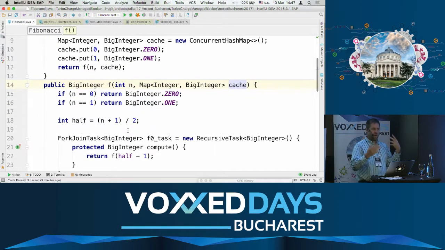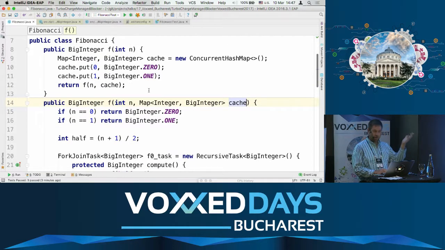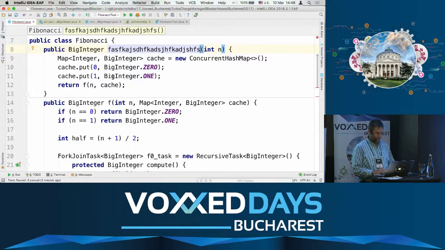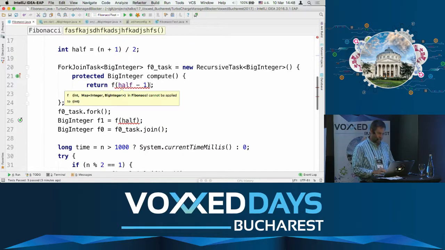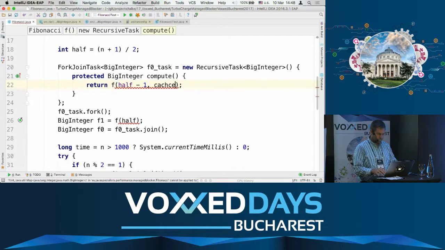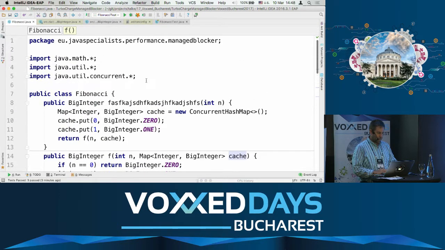Now, something that I often do is I rename a function or add a new parameter and I forget to call all the correct functions. So I'm going to just mess this up by giving it a really wrong name. And that shows me all the places where I didn't use the cache. There we go. If I could type, that would help. So cache over here and cache over here. And then I can change this back to just being f.